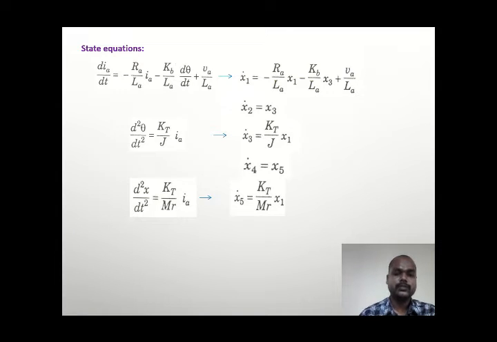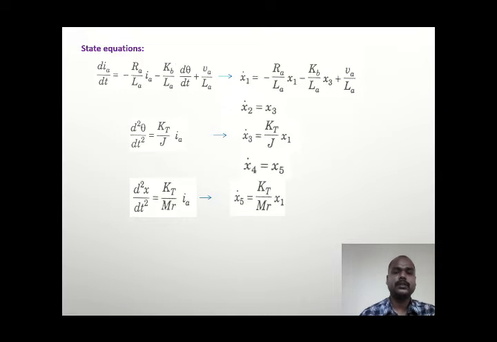So x4 dot equals x5, and x5 dot, which equals x double dot, is represented here: d2x by dt square equals Kt upon m r times I. So Ia is what? State x1.